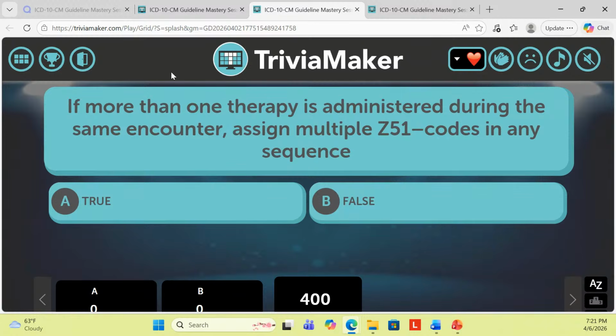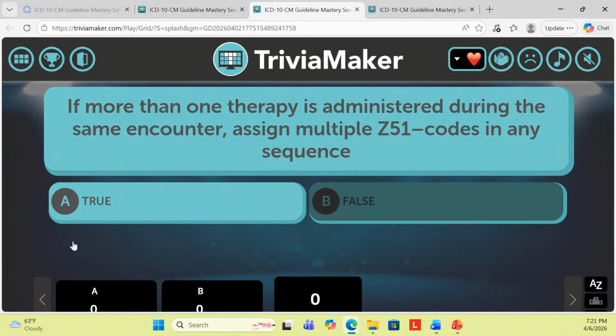All right, so this one was a little bit of a tricky one. This one is actually true. The way that it's worded, I would 100% think that it was false if I saw this, because you think you can code it in any sequence. That doesn't make sense. There's always a sequence for something.